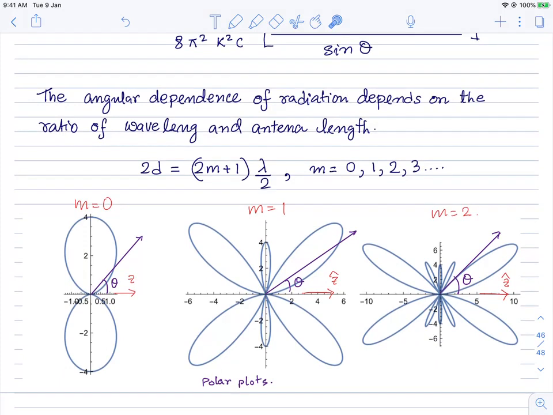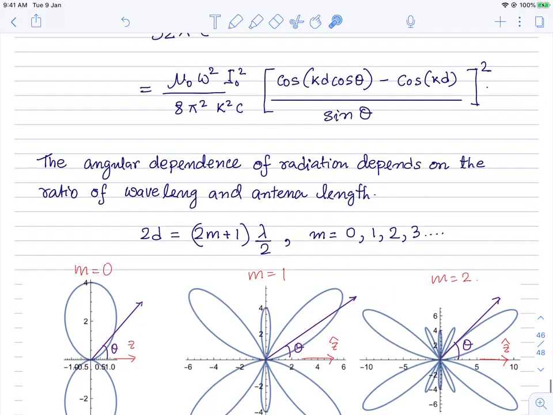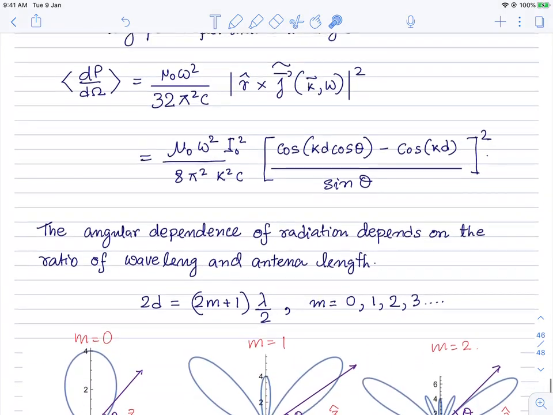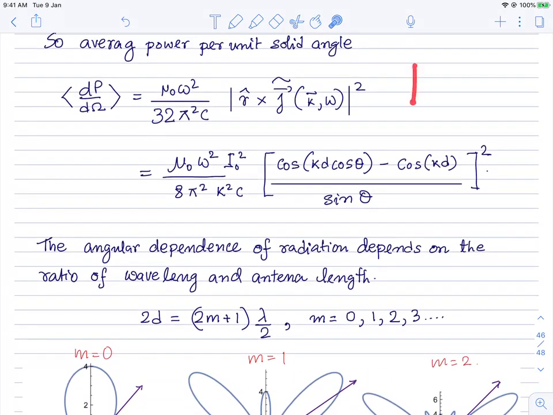In this way, the angular dependence of absorption and emission of the antenna is the same. Again, the antenna geometries are very complicated, and they are designed so that the signal produced has the desired directions. For instance, I've discussed only one thin wire antenna.